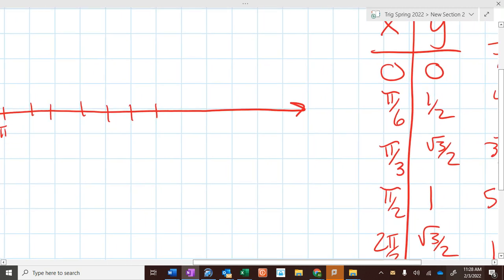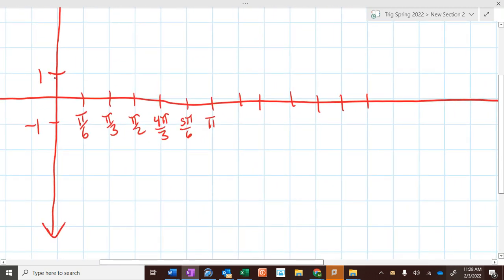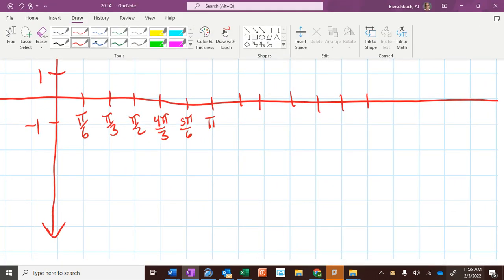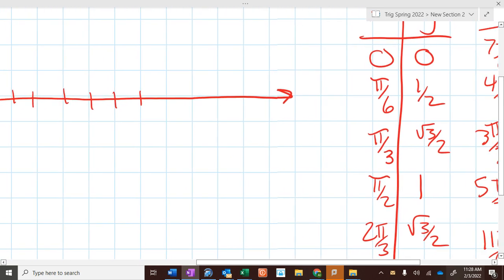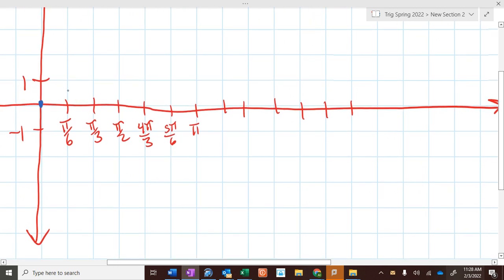All right. So at 0, we're at 0, right? At pi over 6, we're at 1/2, so we're 1/2 the way up. Pi over 3 is square root of 3 over 2. On your calculator, take square root of 3, divide by 2. You get 0.8660.